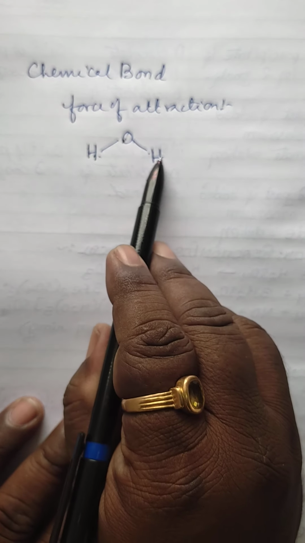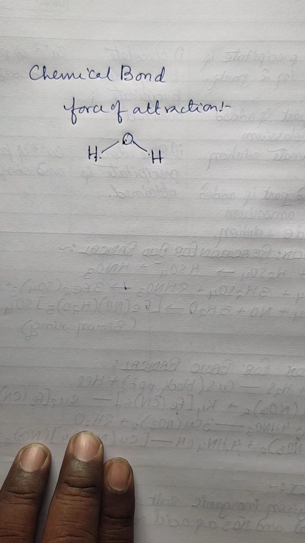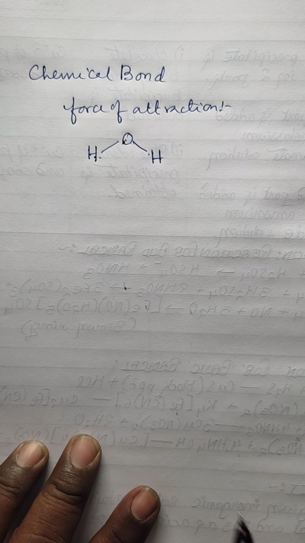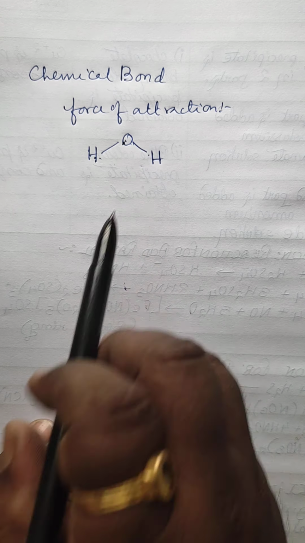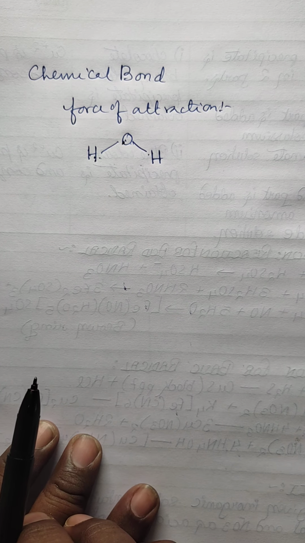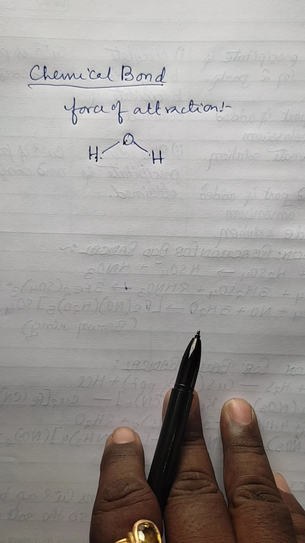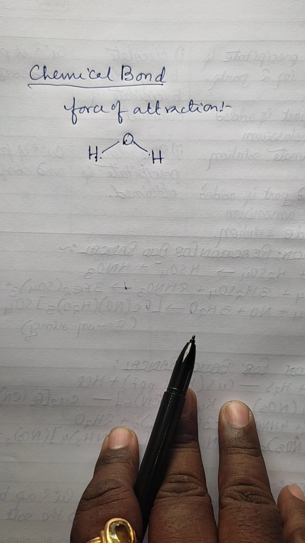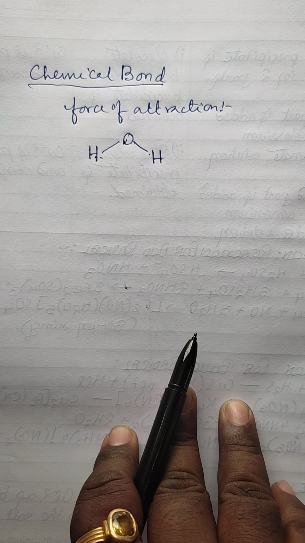So in both cases there is a certain force of attraction existing between the atoms that binds them together. This force of attraction is called the chemical bond. So what is a chemical bond? It is the force of attraction existing between the atoms that binds them together in a chemical.